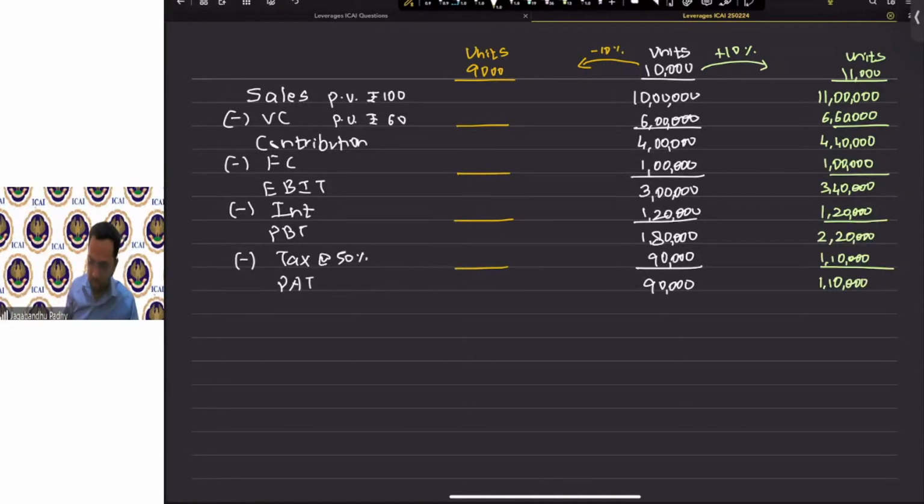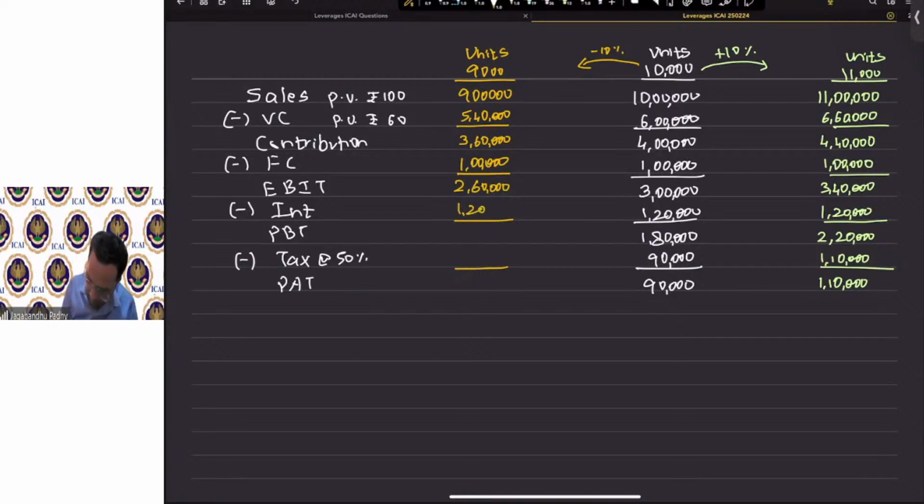Now coming to the units of 9,000, we find sales as 9 lakh. Variable cost will be 60 per unit, so variable cost will amount to 5 lakh 40,000. Contribution will be 3 lakh 60,000. Fixed cost remains the same at 1 lakh. So your EBIT will be 2 lakh 60,000.